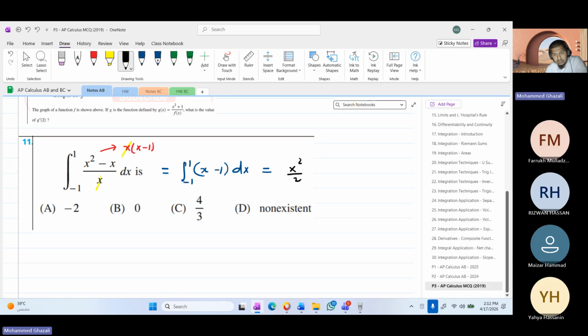So that's x squared over 2 minus x, right? Negative 1 to 1. If you substitute 1 here, you're getting half minus 1.